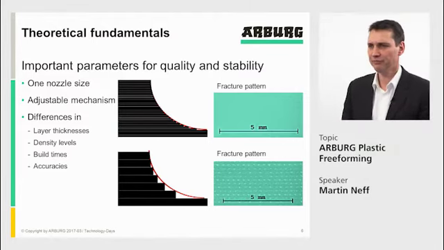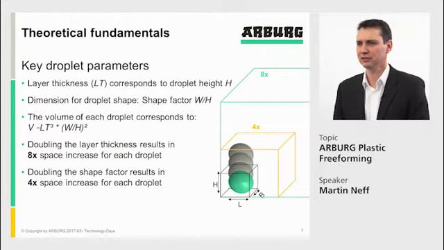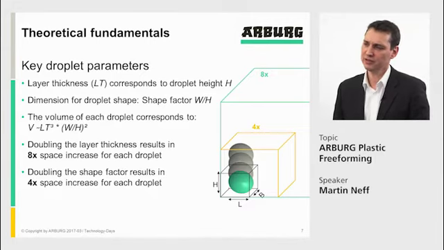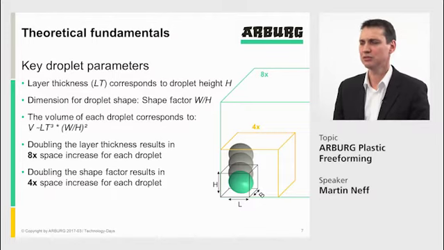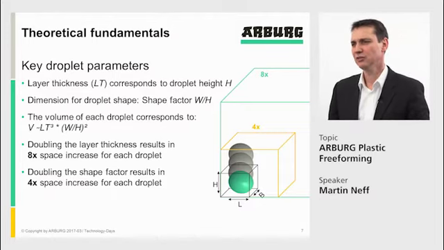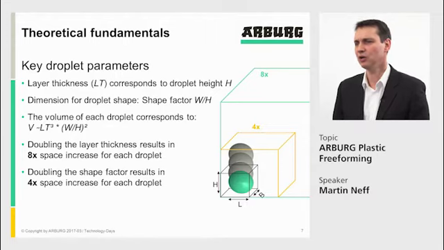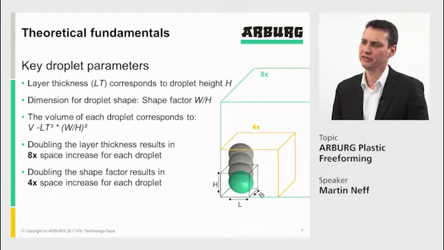Let's go a step further into these theoretical fundamentals. The key droplet parameters are shown in this slide. Well, a droplet is actually not a nice spherical volume. It is basically a more longitudinal, size-shaped drop, and for that we have some factors in our calculations behind, which you can see here on this slide.